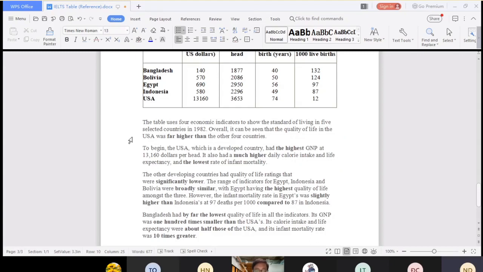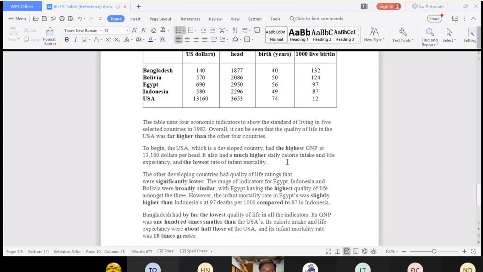However, the infant mortality rate in Egypt was slightly higher than Indonesia's at 97 deaths per 1,000 compared to 87 in Indonesia. You see, when you compare the figures of 2 categories, you can use the phrase "compared to" or "in comparison with", right?